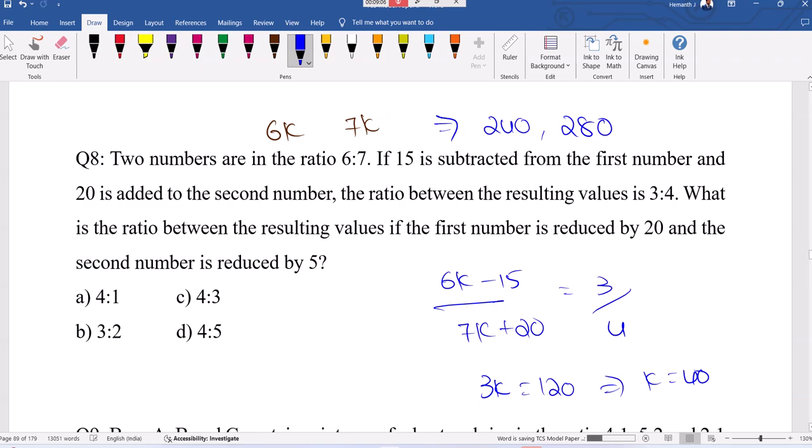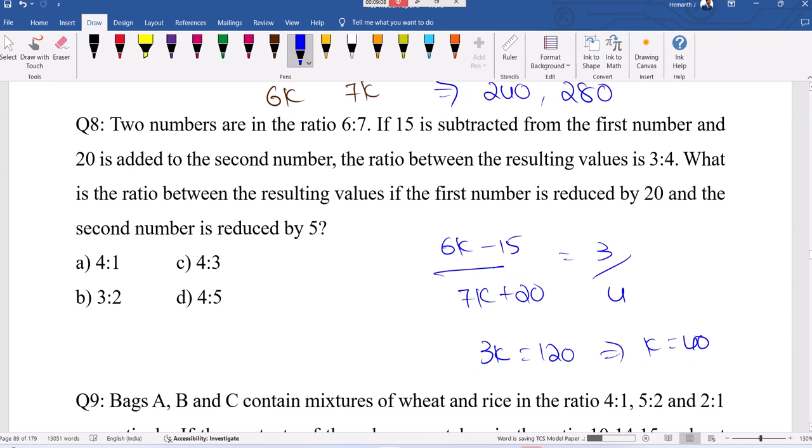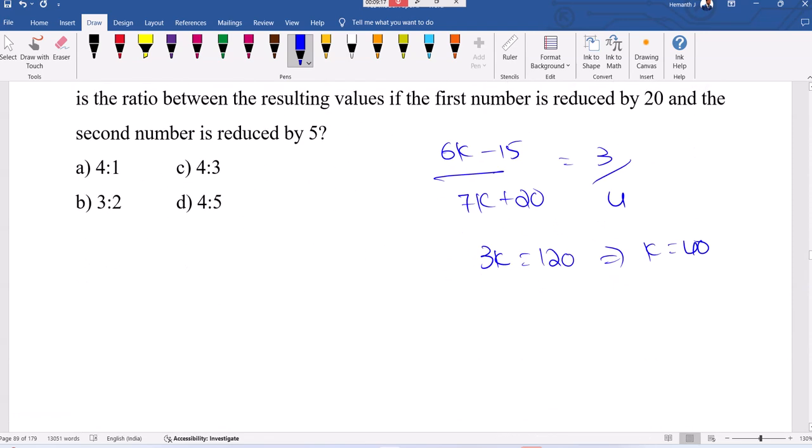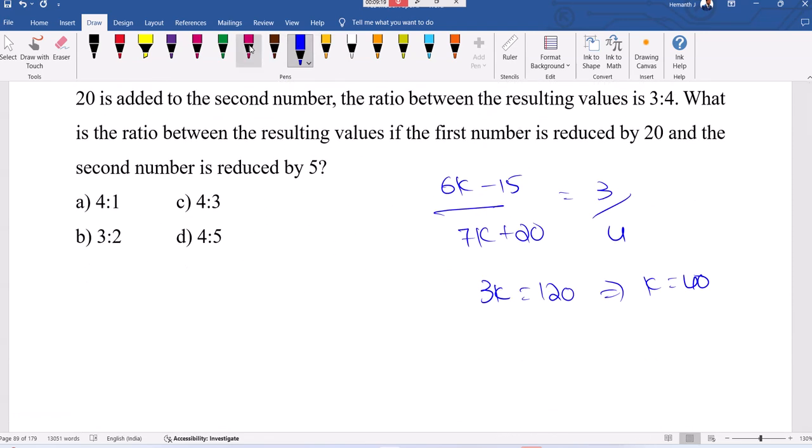Now the question they are asking: first number reduced by 20, second number reduced by 5.